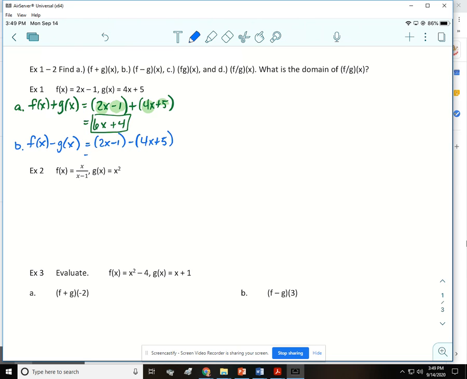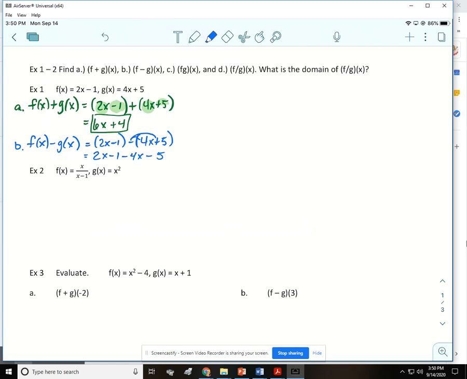Now, the parentheses on the first expression don't matter because there's nothing in front of it, but the parentheses on the second expression do matter because we have to distribute that negative. We have to subtract the 4x. We also have to subtract the 5. So a lot of people mess up on subtraction because they don't distribute the negative.